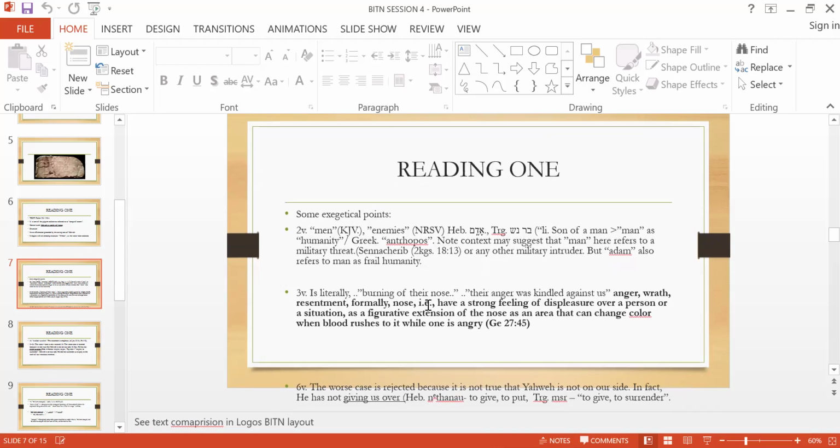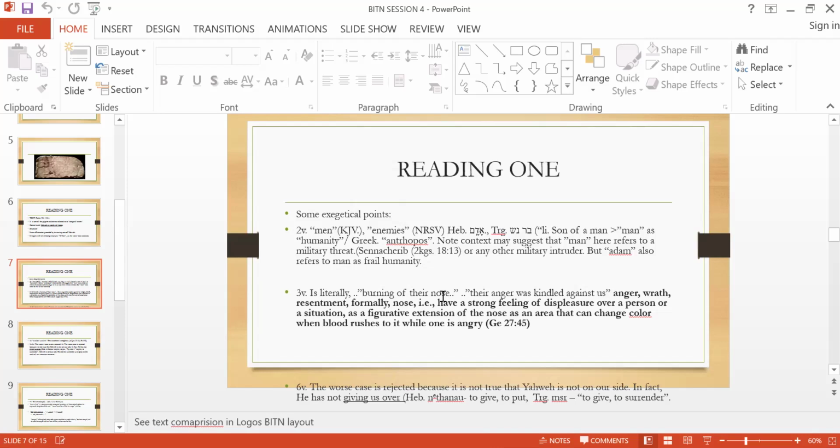But here, let's go back to that phrase. When their anger burned against us, literally, we can say burning of their nose. The words anger or kindled, the translations use to make it more meaningful to us.